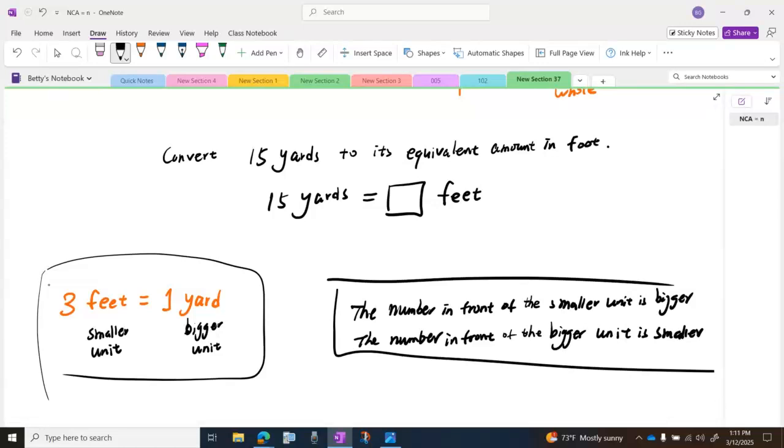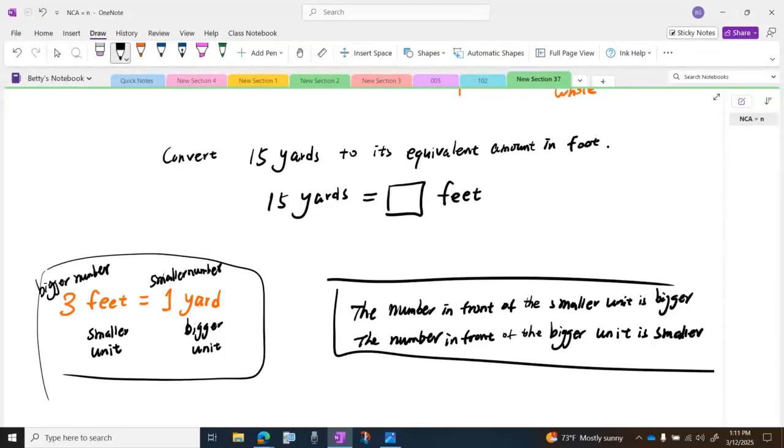Foot is a smaller unit. Yard is a bigger unit. The number in front of a yard is 1. So it is a smaller number, right? 1 is a smaller number compared with 3. Compared with 1, 3 is a bigger number. So very, very important. I need you to remember this.